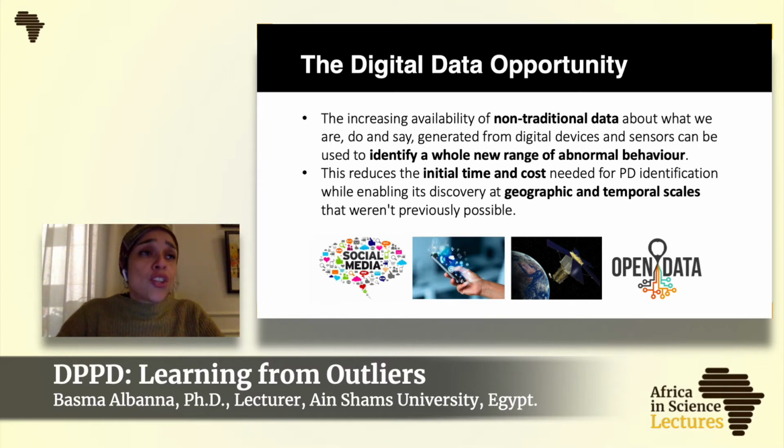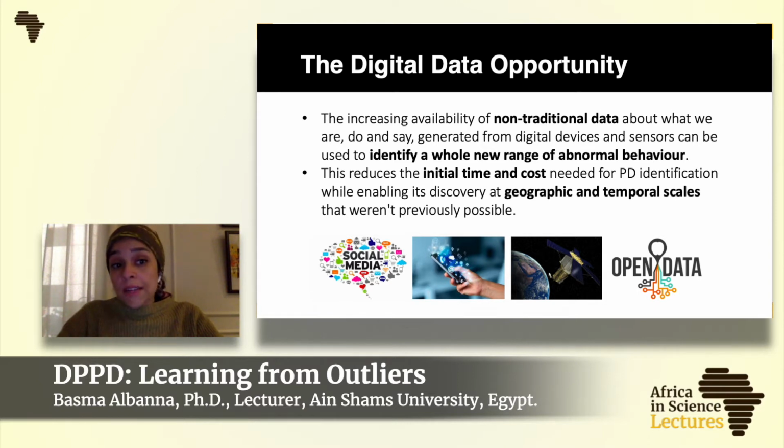And by non-traditional data here, I'm referring to digital data and data that is digitally mediated, observed, or recorded. So data such as social media data, remote sensing data, open data, or online data, and mobile data.